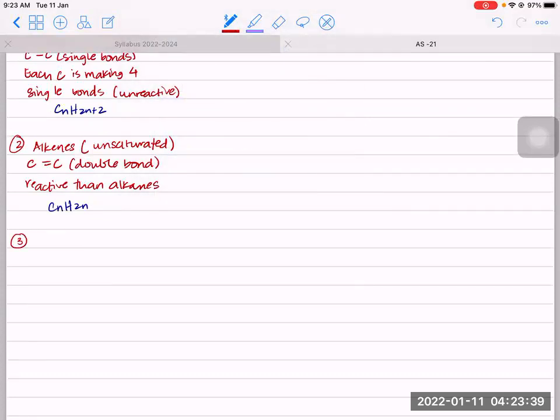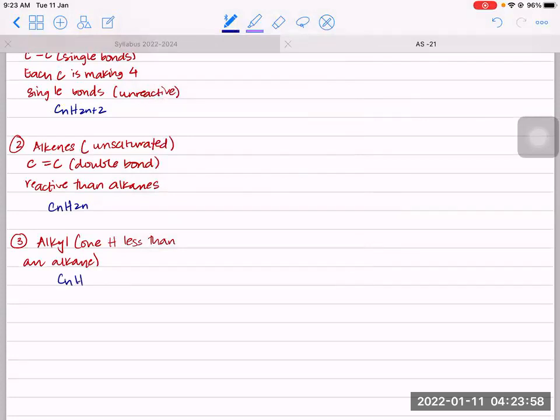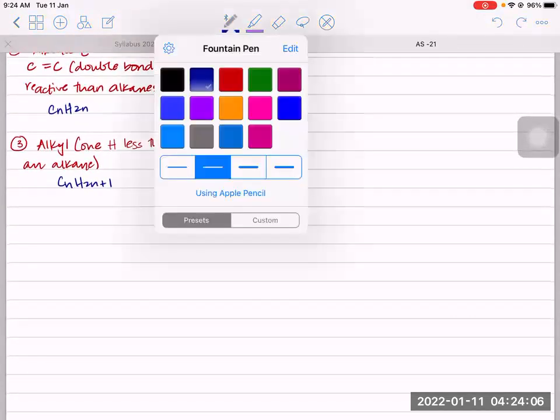Then let's see the alkyl functional group. What is an alkyl? It has one hydrogen less than an alkane. The general formula will therefore be CnH2n+1, because rather than plus 2, it will be plus 1.